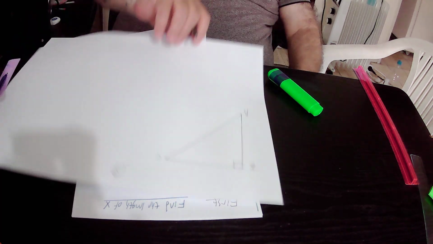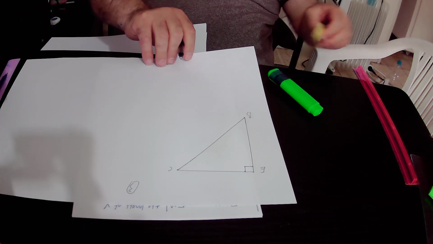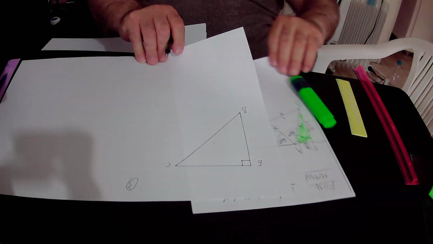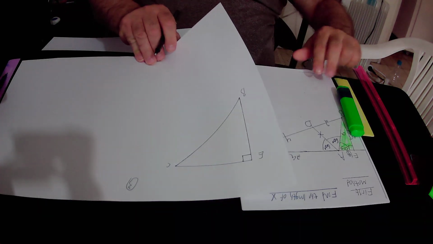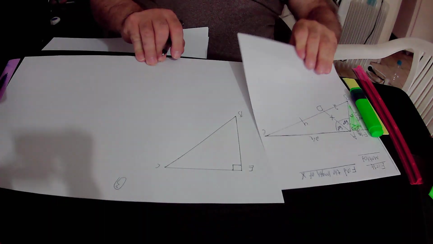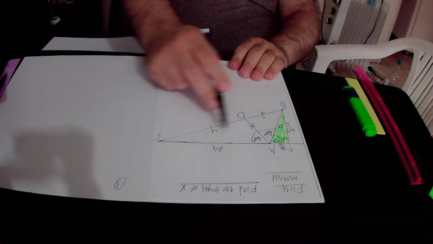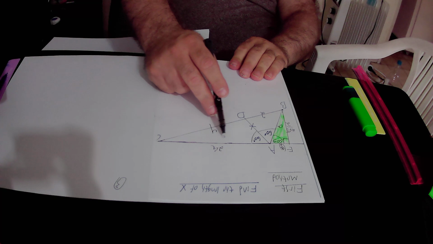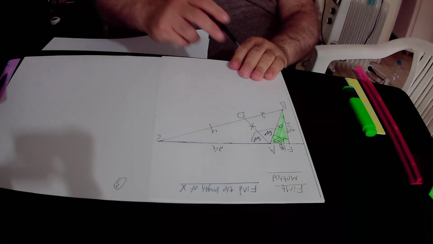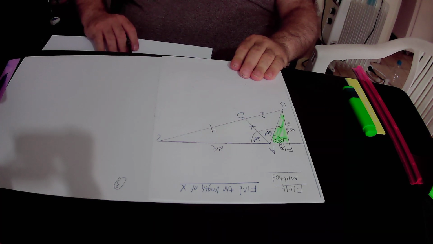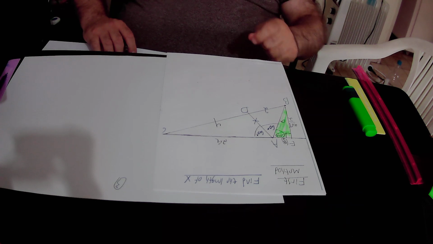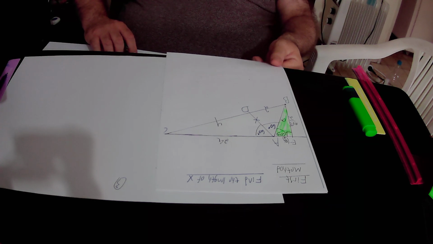So this is the right triangle EBC that I copied from the original drawing. What is the length of side EC? From the drawing you can see that EC equals 2A plus A over 2, which is 2.5A.